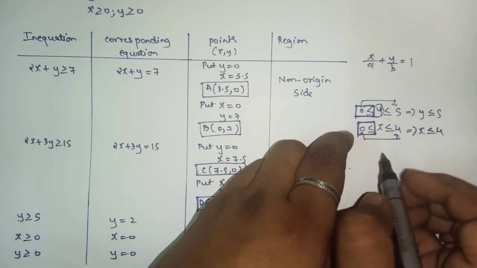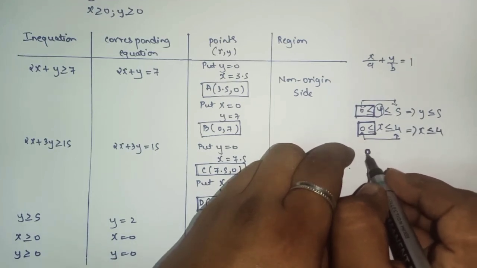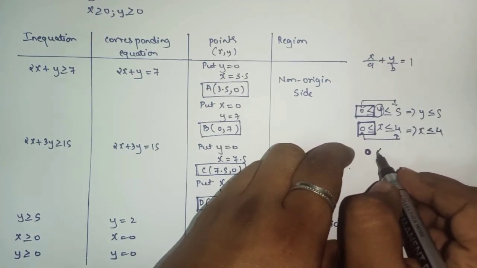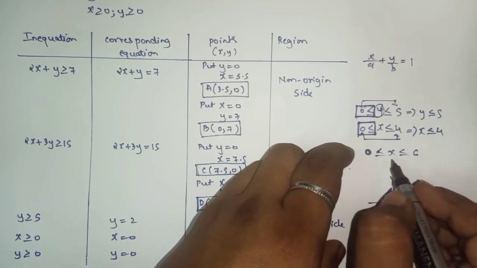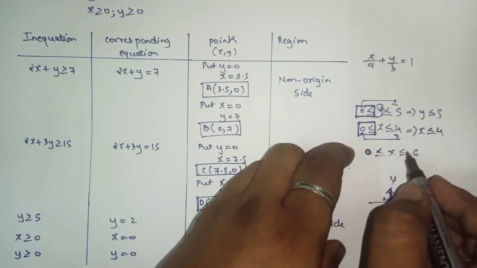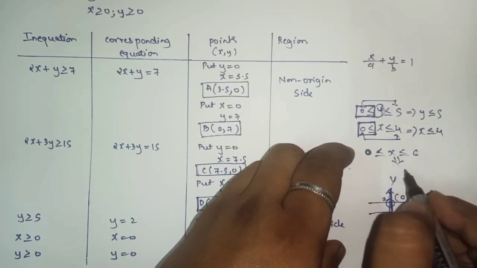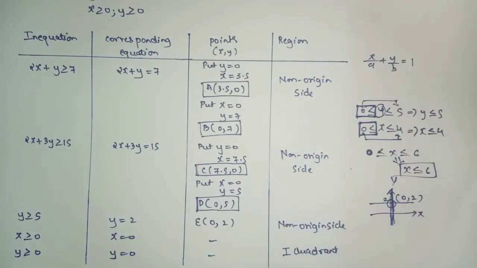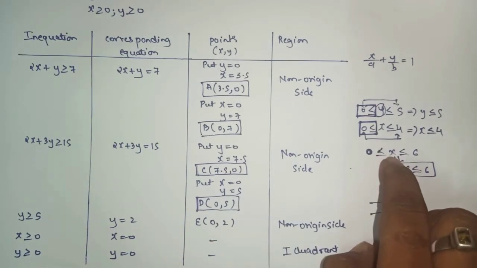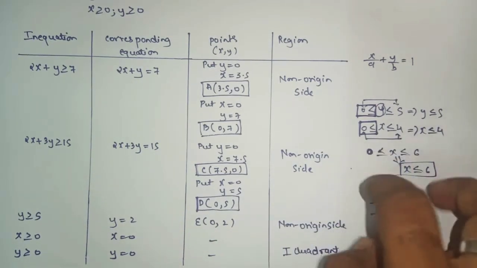One more, I will take one example. If it says 0 less than equal to x less than equal to 6, the meaning of 0 less than equal to 6 is actually x less than equal to 6 only. There are 2-3 sums in the exercise where you will see the value of x and y lie between two numbers.